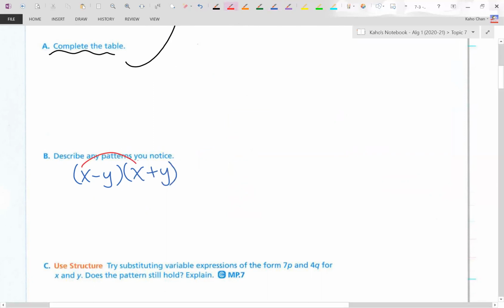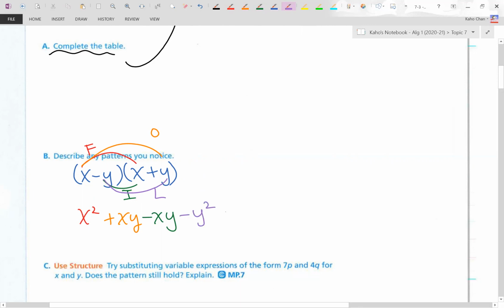First terms, x squared. Outer terms, x times y is plus xy. Inner terms, negative y times x is negative xy. And finally, last terms, negative y times positive y is minus y squared.